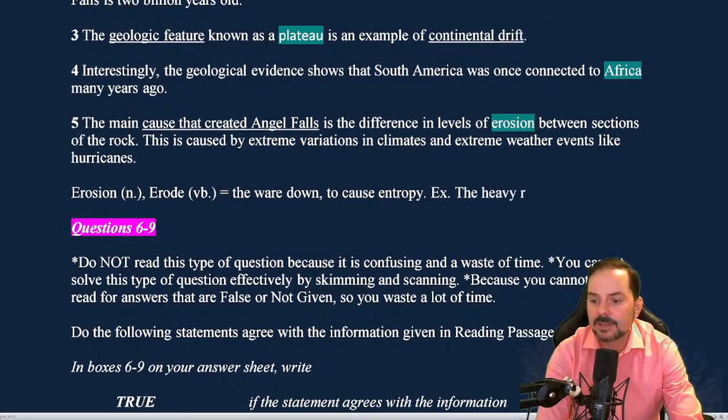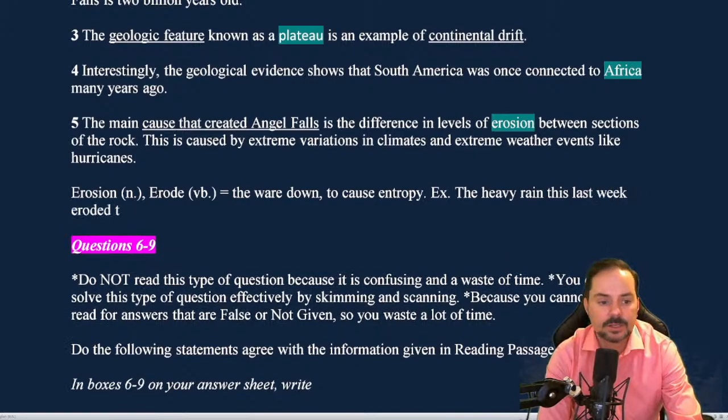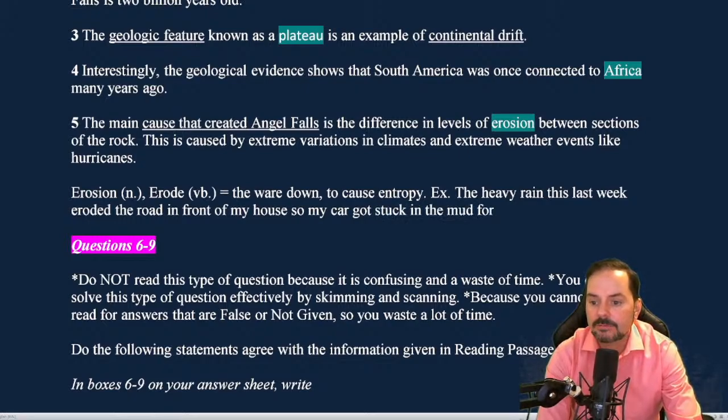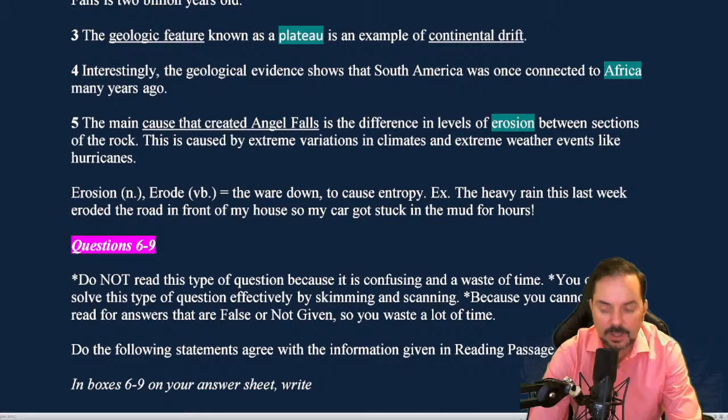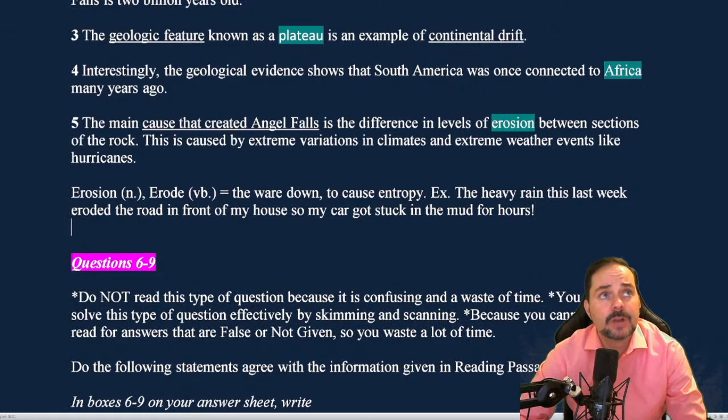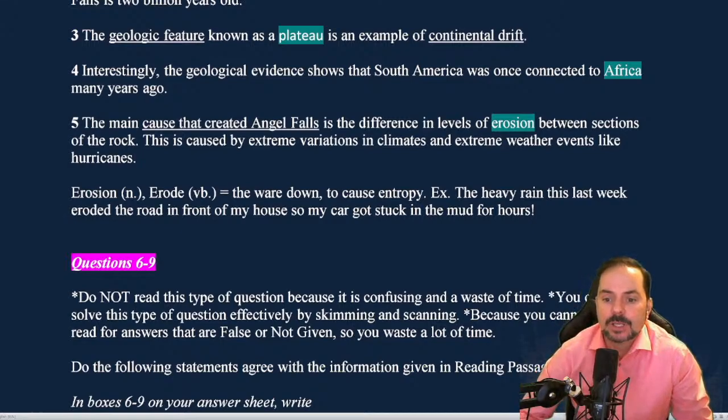The heavy rain this last week eroded the road in front of my house, so my car got stuck in the mud for hours. Okay, so if there's a lot of rain and the rain washes away the road, then the road is eroded.